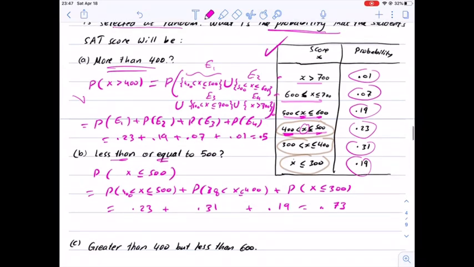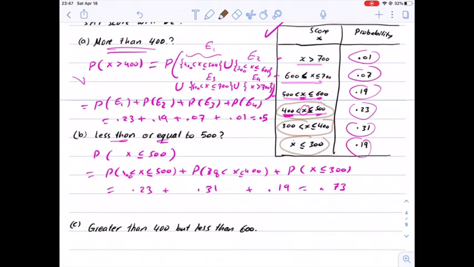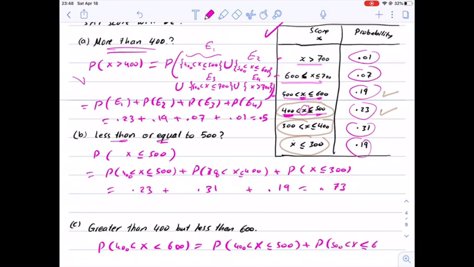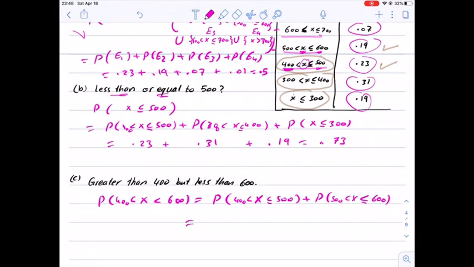Now the SAT score is greater than 400 but less than 600. Greater than 400, that means here, and less than 600, that means here. So the probability of X greater than 400 and less than 600 is the probability of X greater than 400 and less than or equal to 500, plus the probability of X greater than 500 and less than or equal to 600.